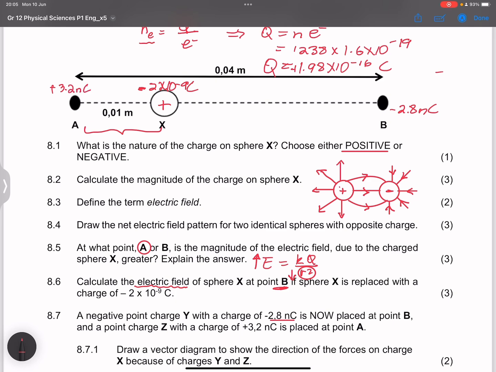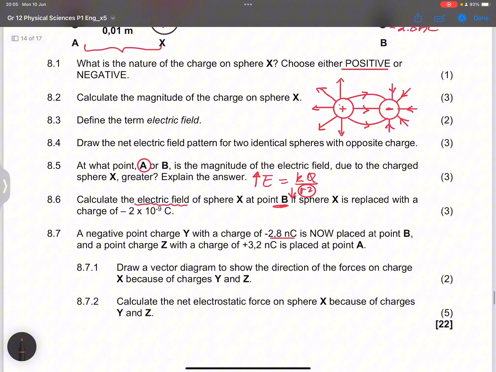Okay, right, now they say to us, draw a vector diagram to show the direction of the forces on charge X, right, because of charges Y and Z.